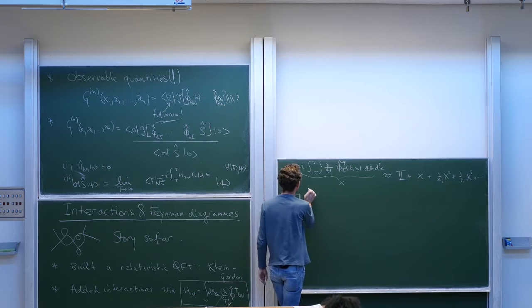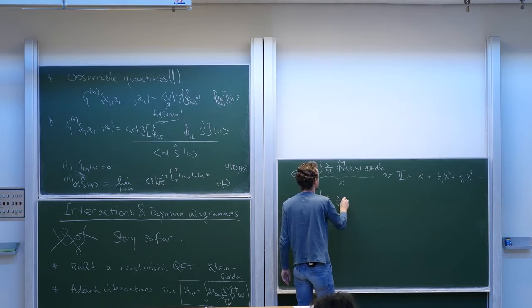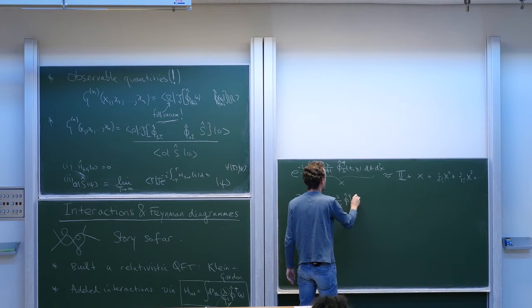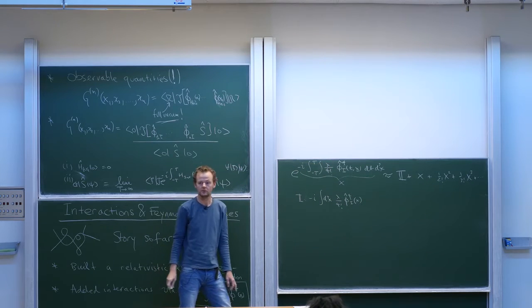So the first term is in fact minus i, integral d4x, lambda on 4 factorial, phi hat I to the 4 of x. Now we're using relativistic notation.